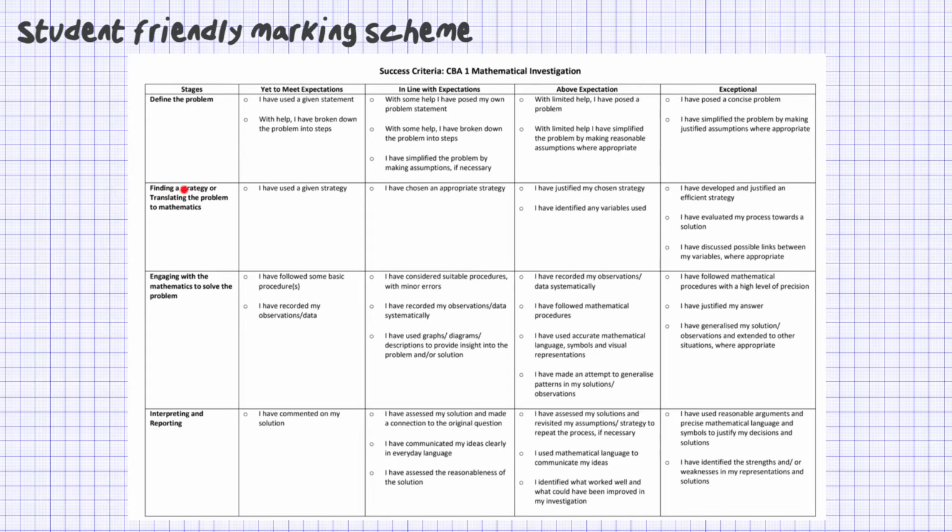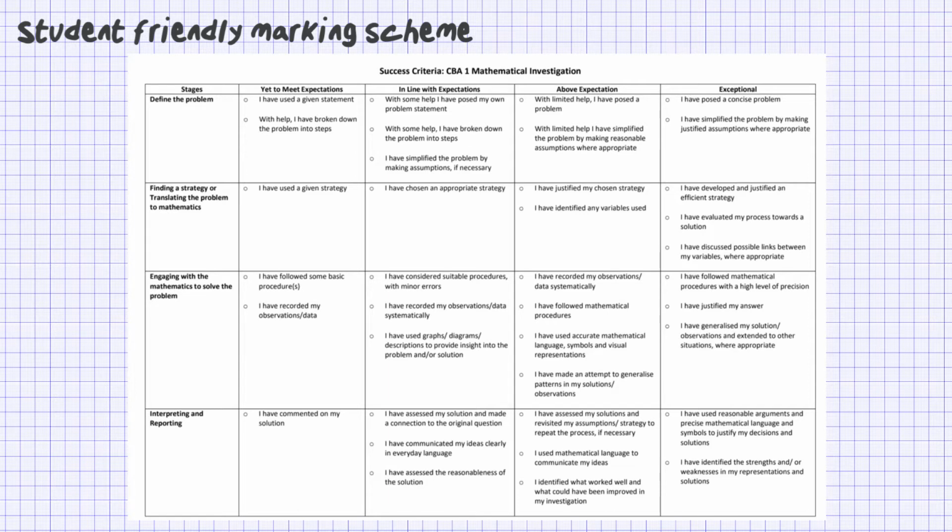In terms of finding strategies translating the problem into mathematics, that's basically just looking at the level of maths you've used. So I've used a given strategy. So in other words, if you come up with a problem and I said, for instance, I want you to investigate the different routes that you can take to walk to school, okay?